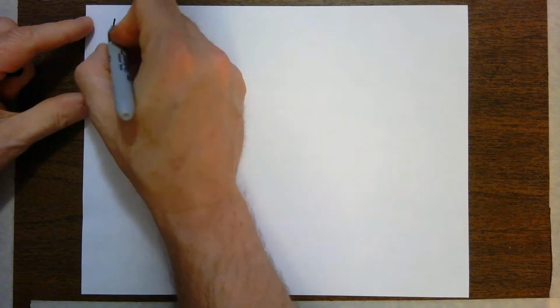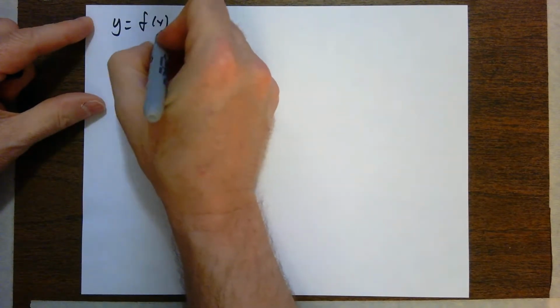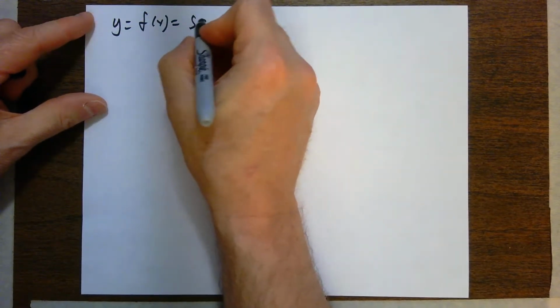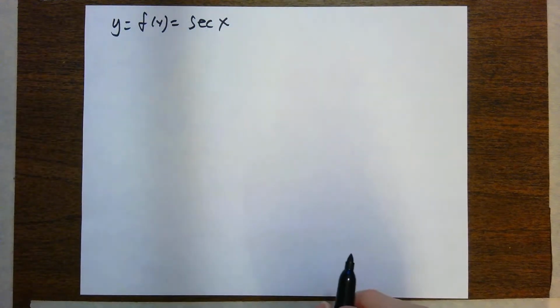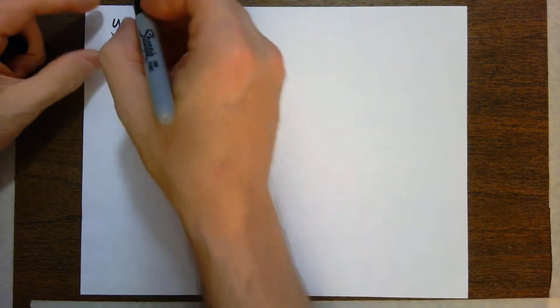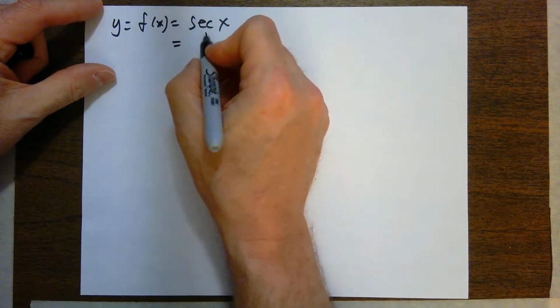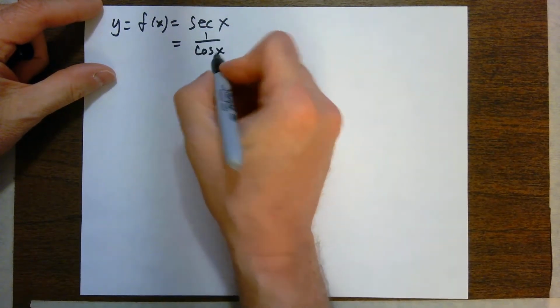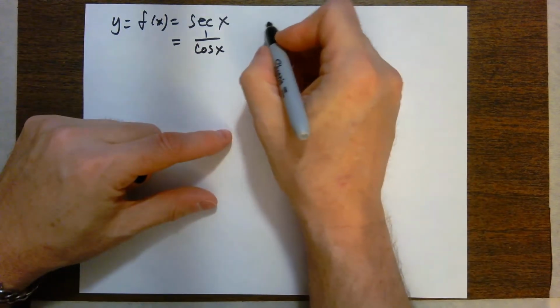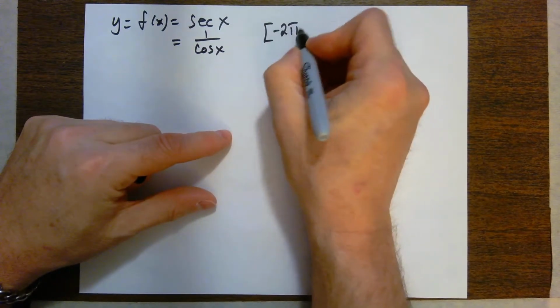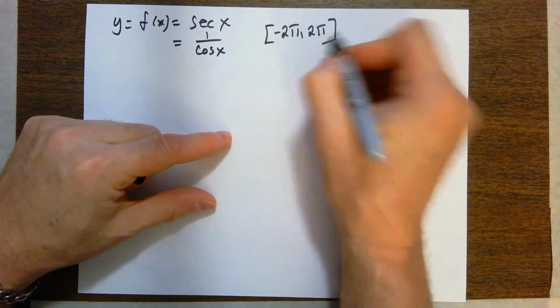All right, I'd like to continue now by taking a look at secant and cosecant. So let's take a look at y equals f of x equals, let's start with the secant of x. And one of the ways of thinking about the secant of x might help us a little bit, is thinking about it as 1 over the cosine of x. And let's graph it from negative 2 pi to 2 pi.